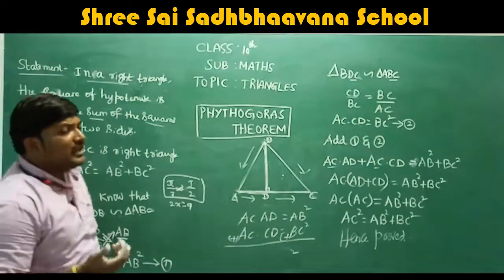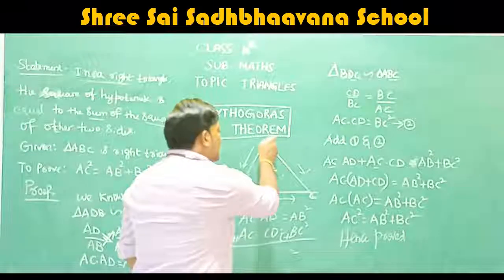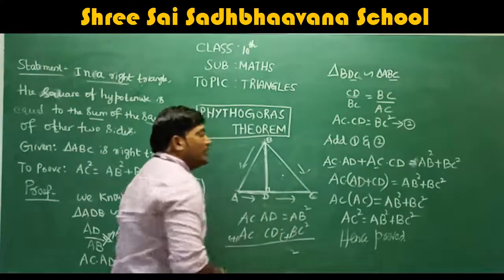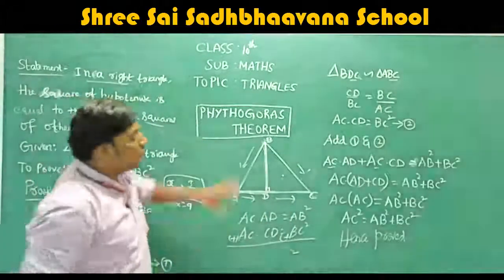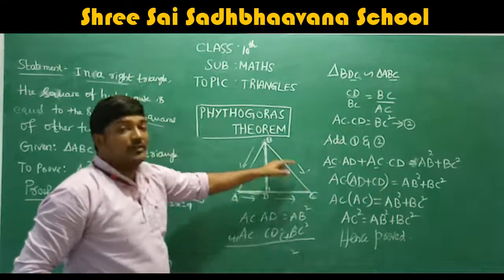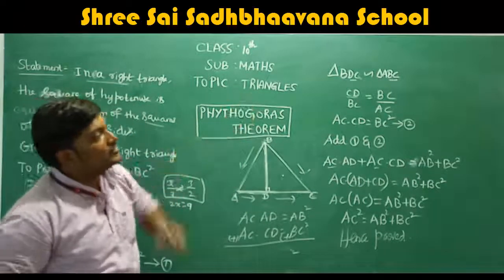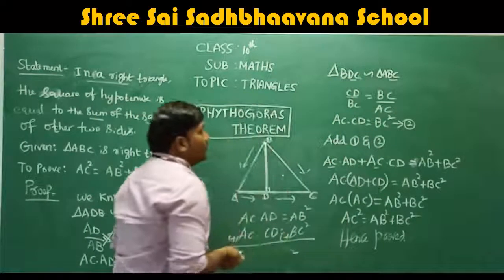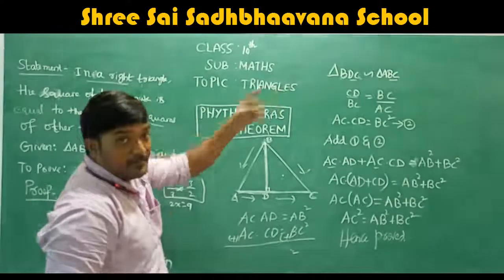Next, as we know, this triangle is similar to triangle ABC, and also this triangle BDC is similar to ABC. Correct? Not only this triangle, the other triangle formed is also similar to ABC, because the condition also I am taking. So triangle BDC is similar to triangle ABC. One thing you observe, in both the cases I have taken ABC.